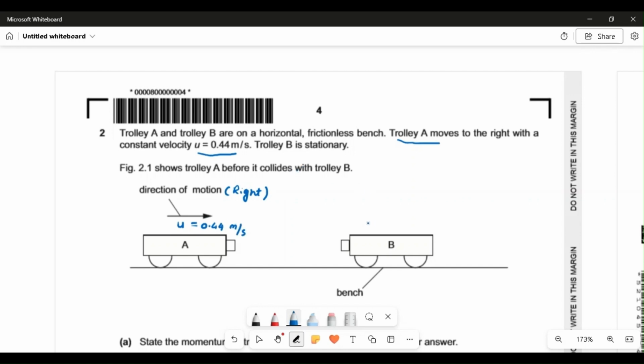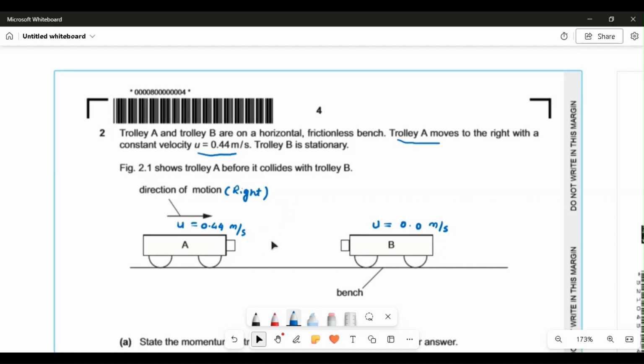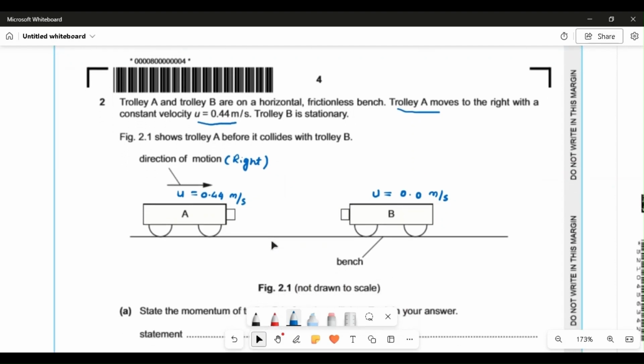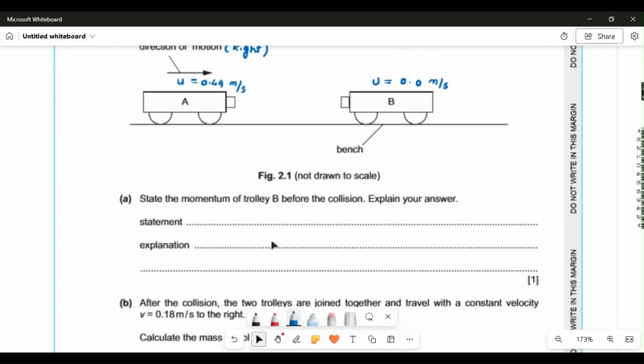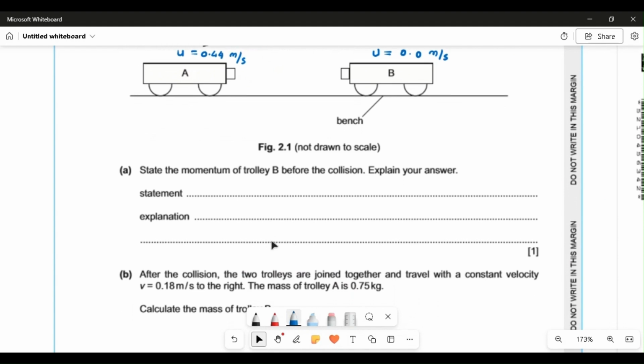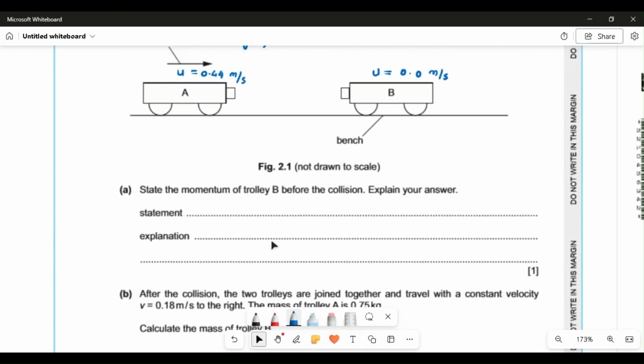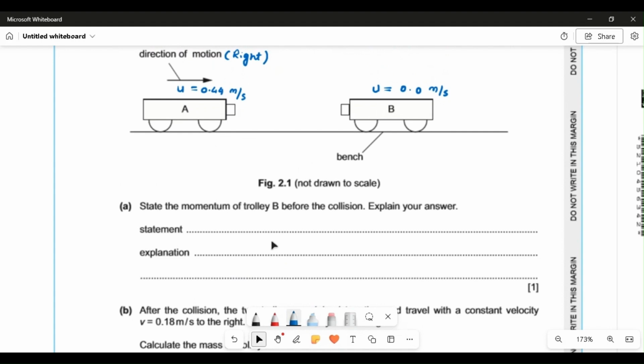Trolley B is stationary, so I can simply say u is equal to 0.0 meter per second. Figure 2.1 shows trolley A before it collides with trolley B. State the momentum of trolley B before the collision.